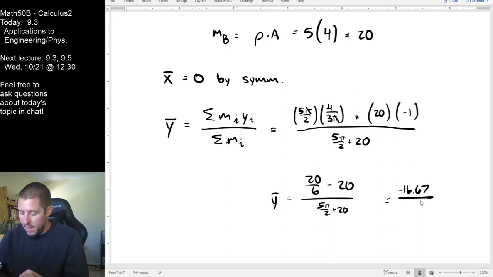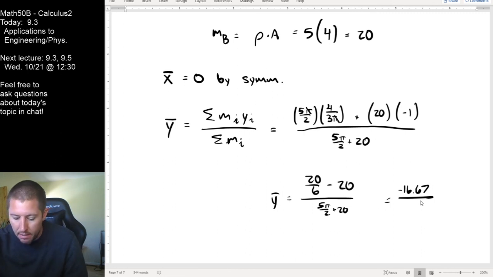And we're going to divide this by 5 pi halves plus 20. 16.6667 is going to be divided by this right here.